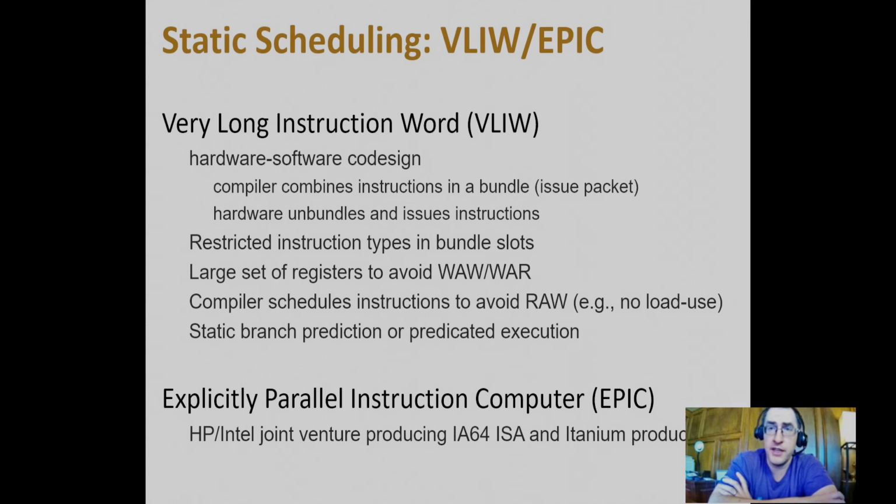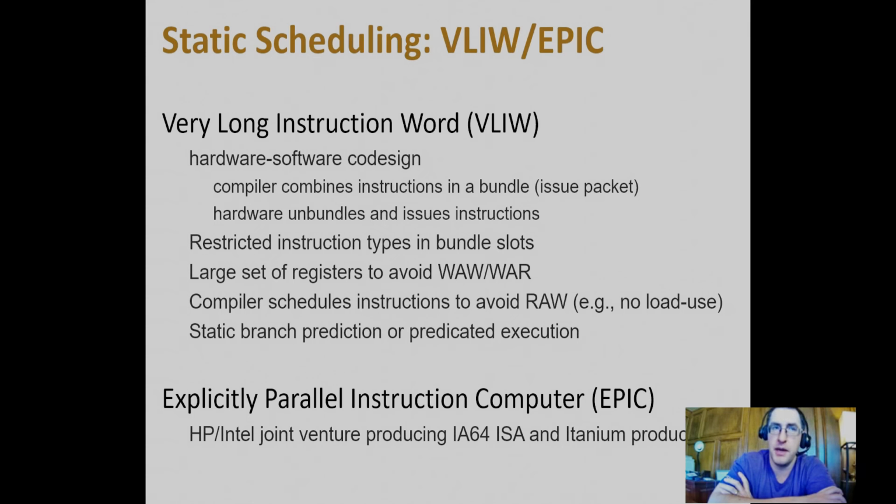The point of VLIW was to have simpler hardware and to rely on complex software, really complex compiler software, to solve hard problems ahead of time. And then EPIC is a commercial product which was developed by Hewlett-Packard and Intel. It was basically a VLIW implementation, but they added some of their own quirks to the basic VLIW idea.